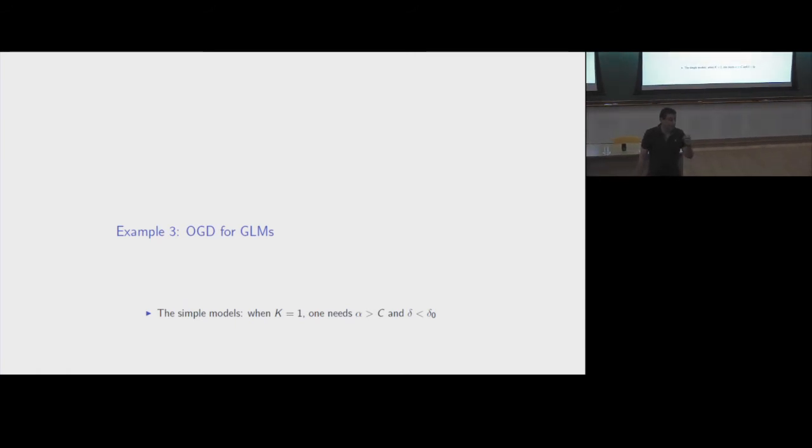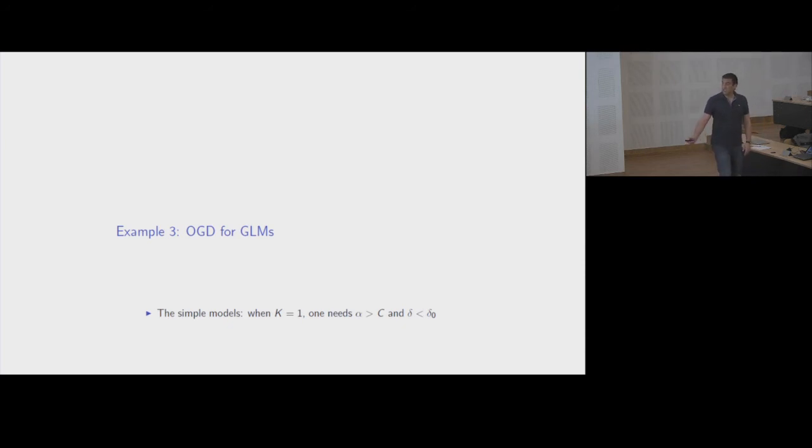I give you a vector you don't know, and I give you a noisy version of it. Clearly, this cannot be a hard problem, right? So this corresponds to k equal 1. Same thing for GLMs. Then in this case, you just need alpha larger than c, delta smaller than a constant. You have to play on those constants. All right?